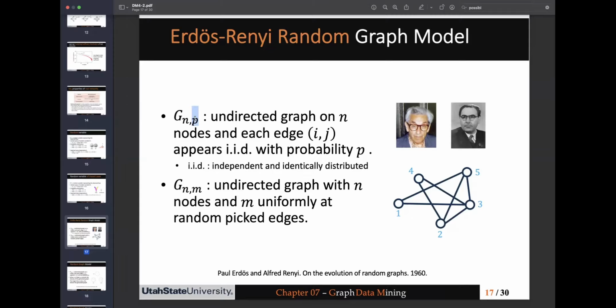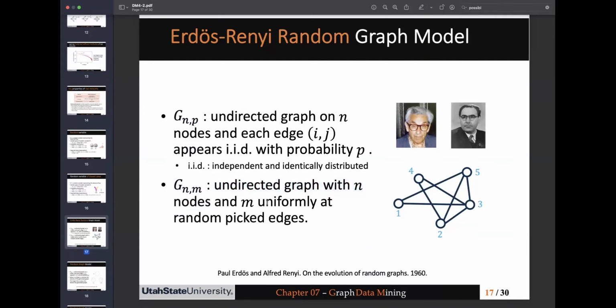Now, there's also an alternative formulation, G(n, m), right, which is the second bullet point in this case. In this case, the graph has exactly n nodes, but the difference is that m is the number of edges chosen at random, right? And this is uniformly at random as it is formulated in this case.